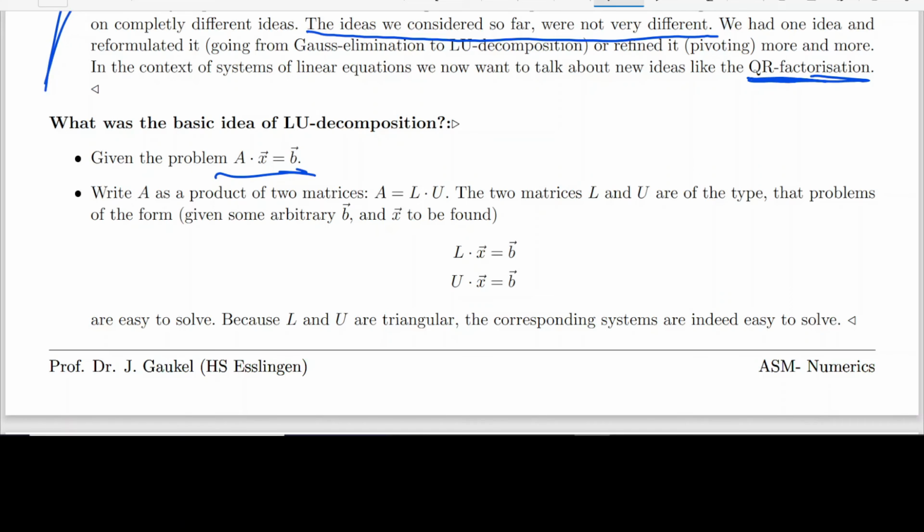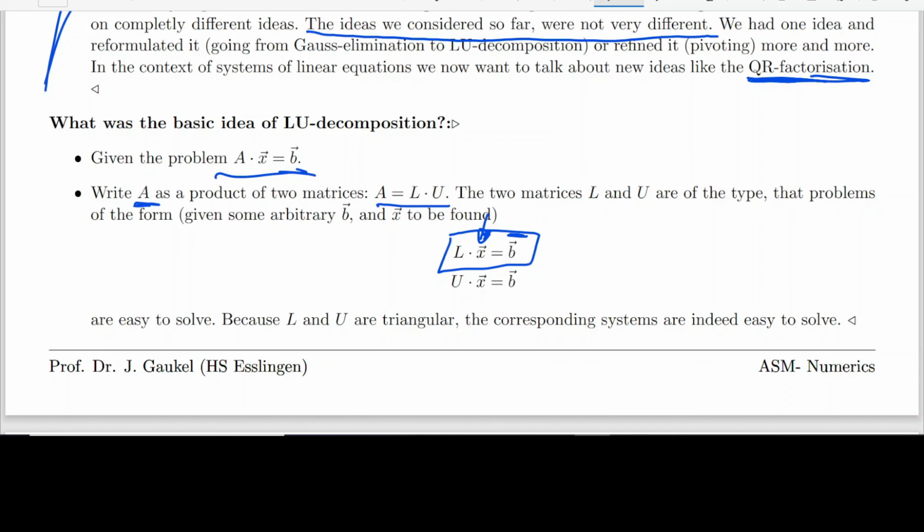Okay, what did we do? Write A as a product L times U, and what is the idea, what is the property we can make use of? The property is, if this was the problem, L a lower triangular matrix and a given right hand side, then it's easy to find the x satisfying that equation by forward, or in this case backward, substitution.